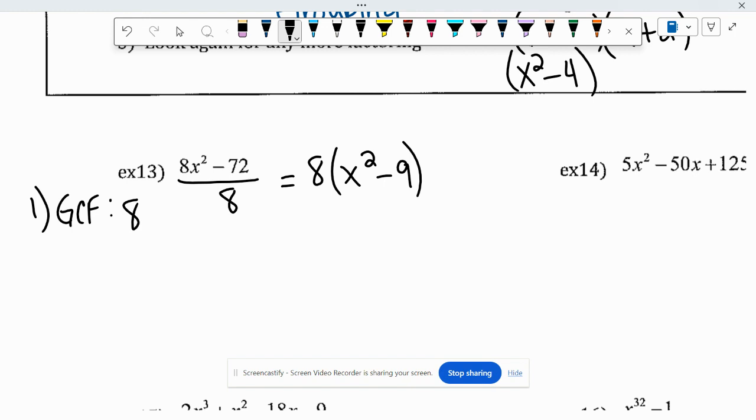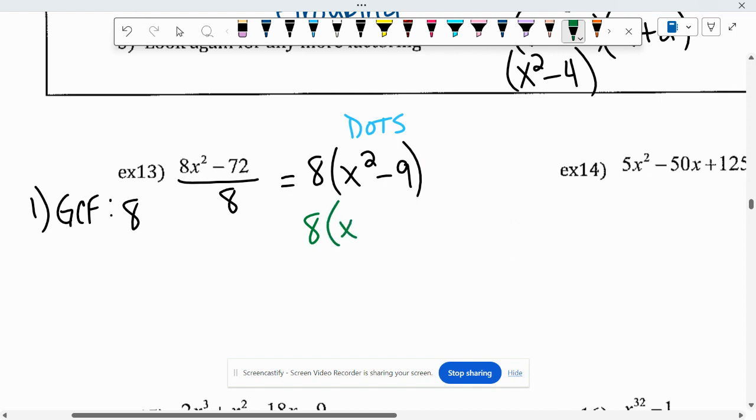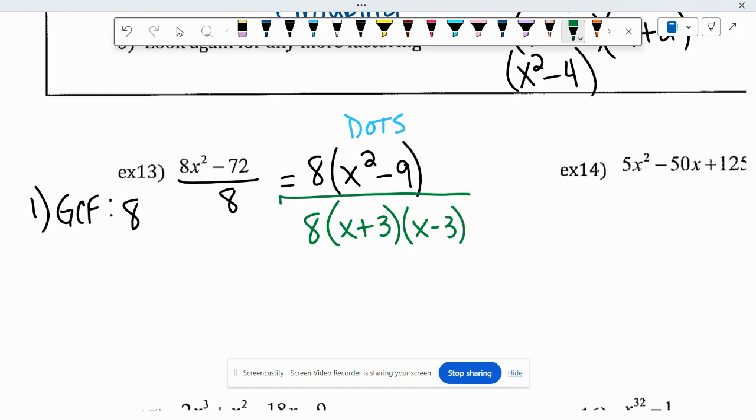Okay, so I took an 8 out, but notice, what do I have inside of that parenthesis? Yeah, this is a difference of squares, 2 terms. So how am I going to factor the x squared minus 9? Yeah, it's going to be x plus 3 and x minus 3.